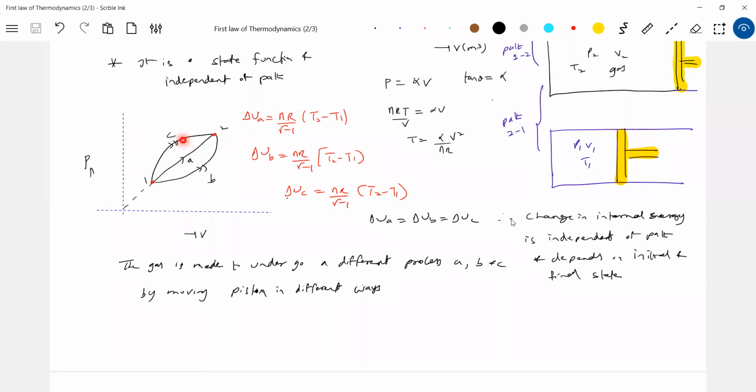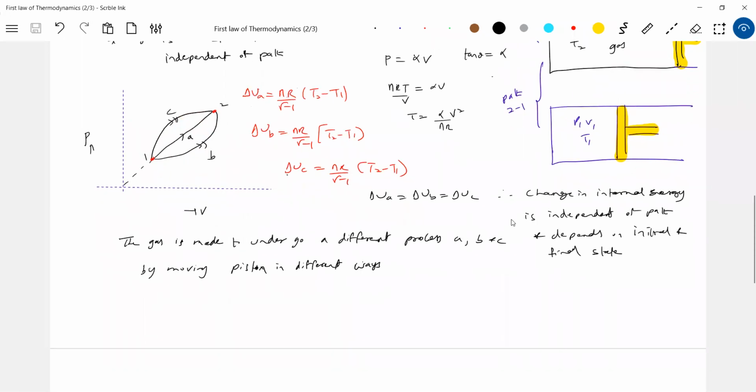Agree with this? So therefore, for different paths, the molar capacity will be different. Similarly, the value of Q will be different here. So now the heat exchange: QA is not equal to QB is not equal to QC. So heat absorbed by the gas in different paths will be different.